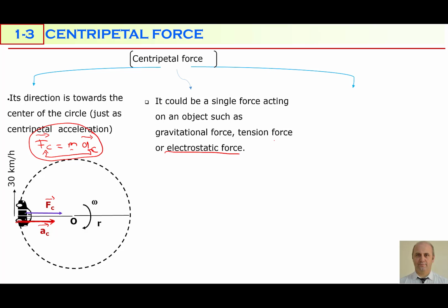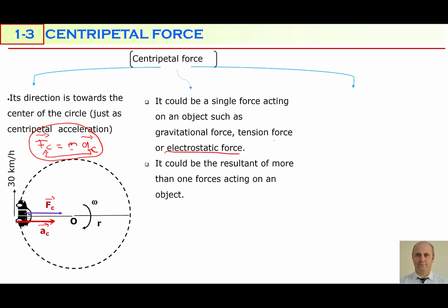Or, as you are going to learn in chapter 5, when a charged particle enters a magnetic field, it moves on a circular path, and the magnetic force keeps this charged particle on a circular path. So any single force acting on an object and keeping that object on a circular path can be a centripetal force. But sometimes more than one force can act on the object.